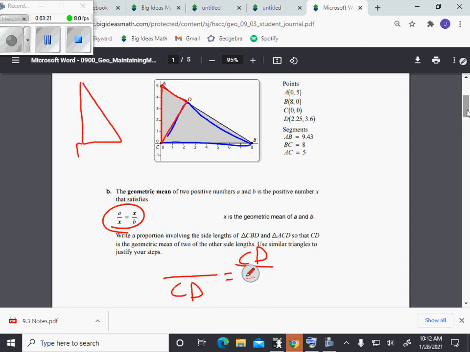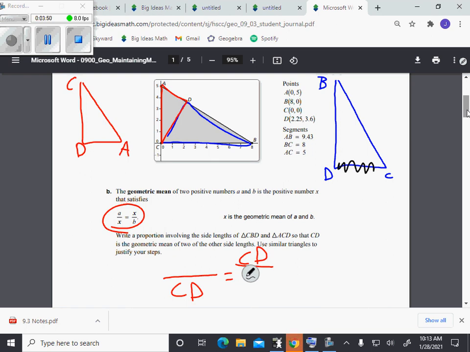We have D as our right angle, C is kind of our height, and A is that leg. This blue triangle over here, the same way, it's a little bigger. We have D as our right angle, B is our height, and C is kind of our leg. In that first triangle, something over CD.